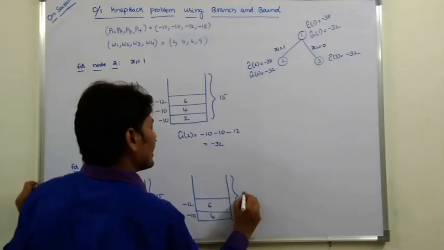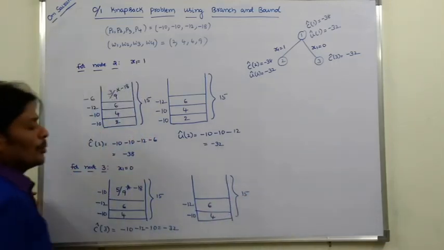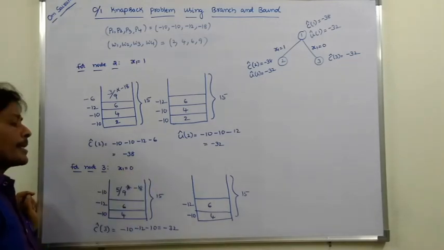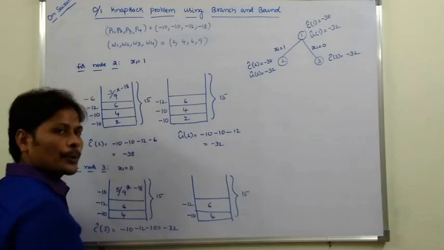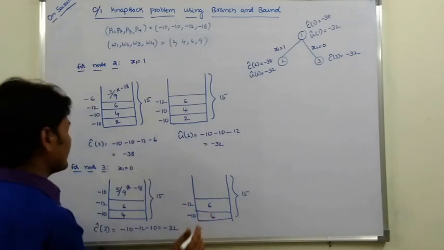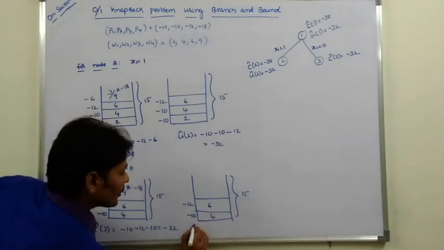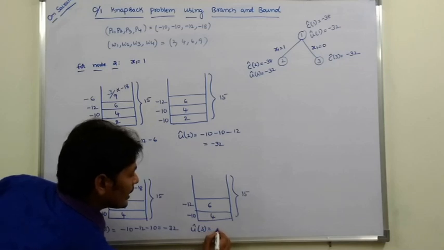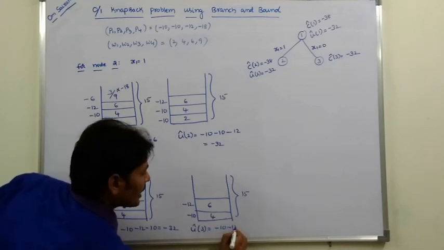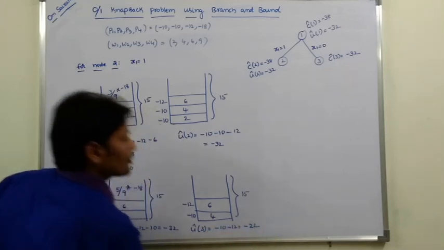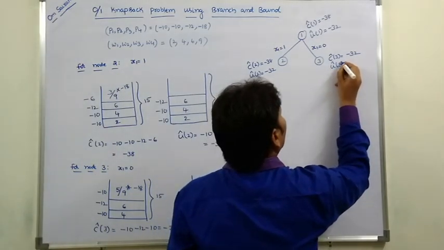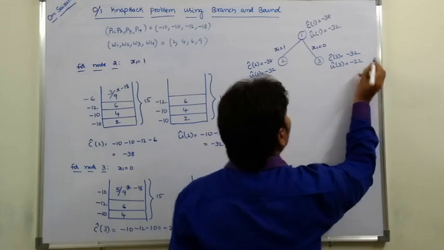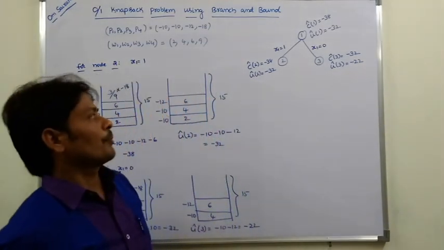The capacity of the knapsack is 15, so we do not allow the fractions while calculating U cap. Up to this point we stop placing objects into the knapsack. Therefore U cap of 3 is equal to minus 10 minus 12, that is minus 22. So U cap of 3 is equal to minus 22.